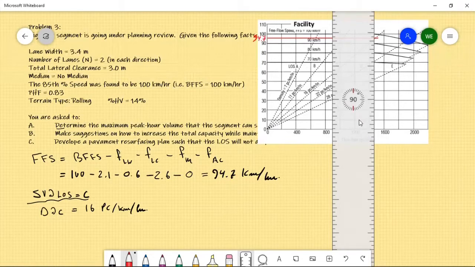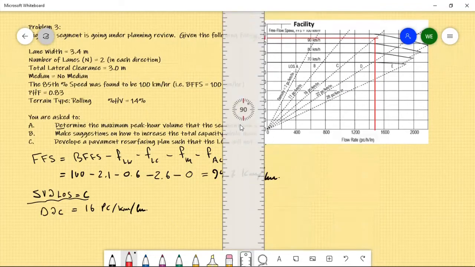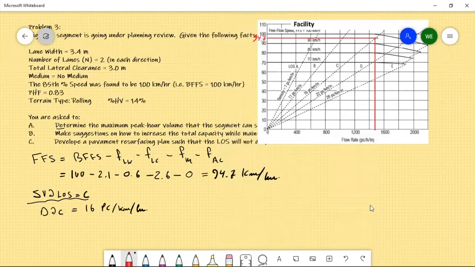If we take a projection from here, that's basically the VP maximum at level of service equal C. So we can say this is almost 1400.